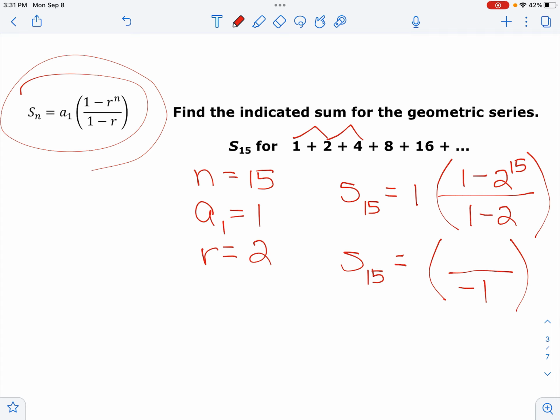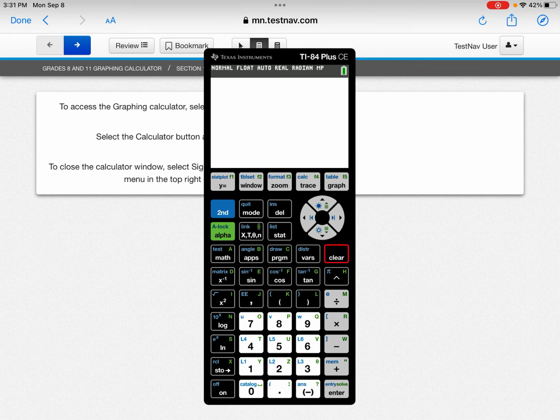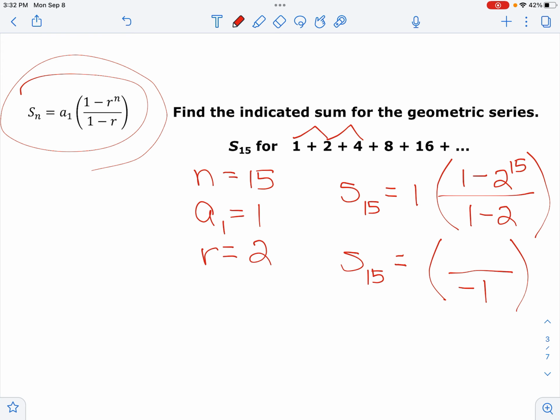Okay, that's negative 32,767. Now divide that by negative 1 and we get positive 32,767.